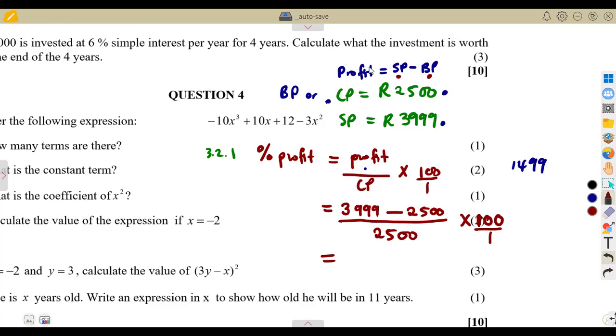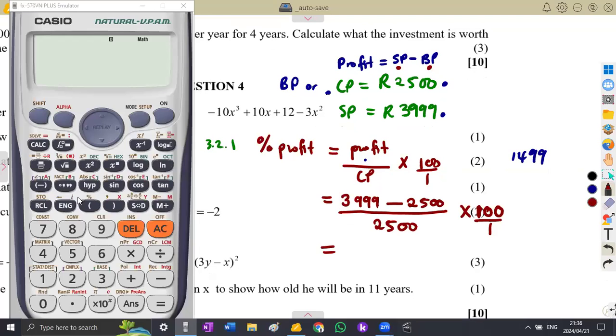So here you can just use your calculator straightforward to calculate your percentage profit. You put a fraction, then you subtract 3,999 minus 2,500, everything over 2,500, then you multiply by 100.